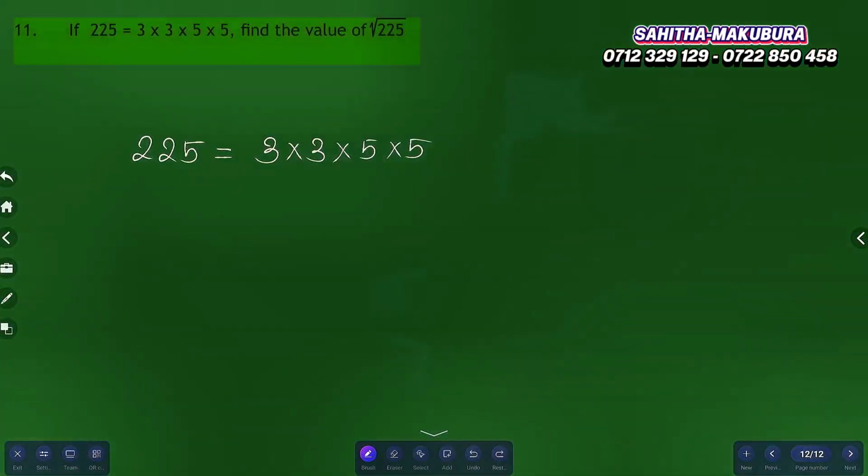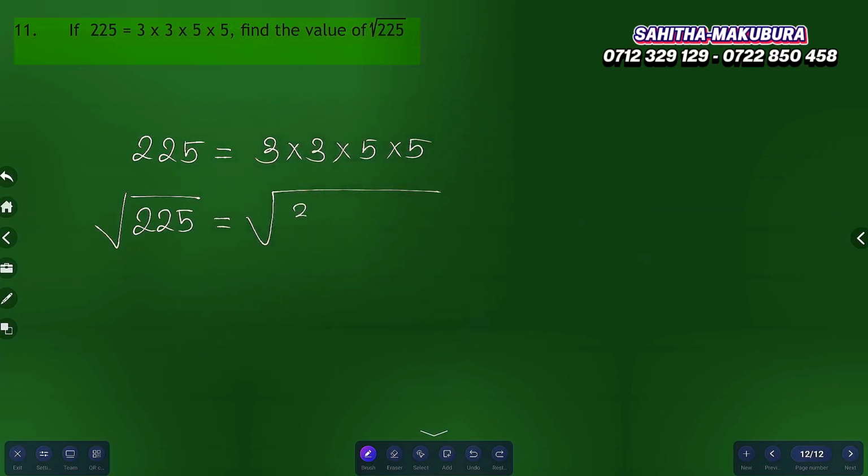So what can we do? Let's take the square root of both sides. Considering the square root of the left hand side of the equation, let's write the square root of the right hand side of the equation as well.